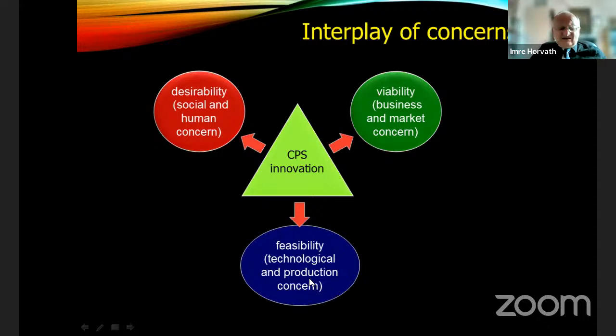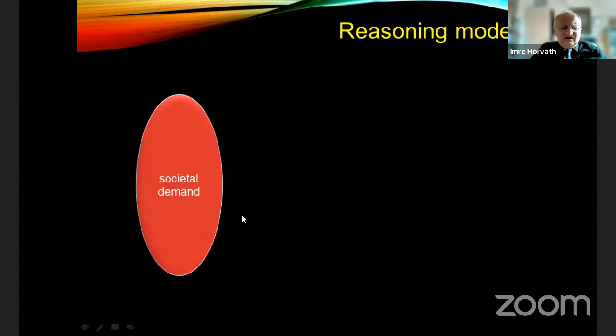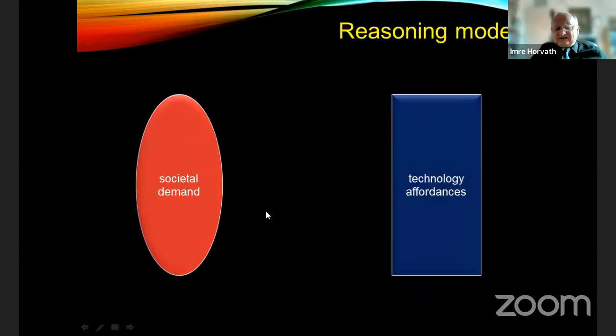So, for instance, the technology cannot get preference in the cyber-physical system innovation with respect to, let's say, the business or the social aspect. There is a reasoning model which actually tries to clarify the interdependencies between the various actors which influence the cyber-physical system innovation. On one hand, there is the societal demand, and on the other side are the technological affordances.